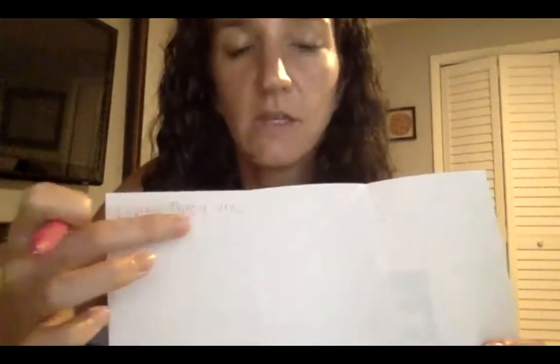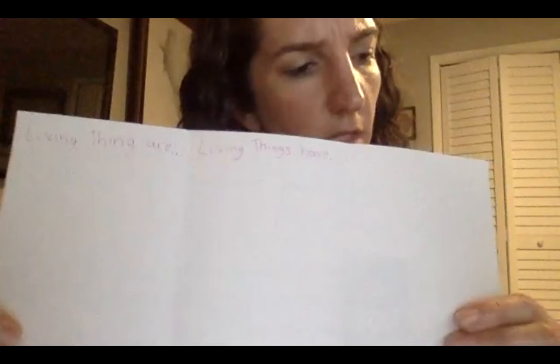So living things are. What are living things? There's so many ways you could take that sentence. Okay, so living things are. Living things have. What do living things have? Think about that.